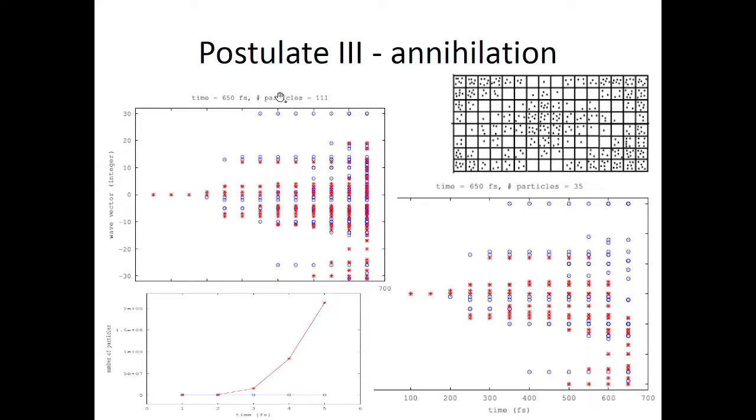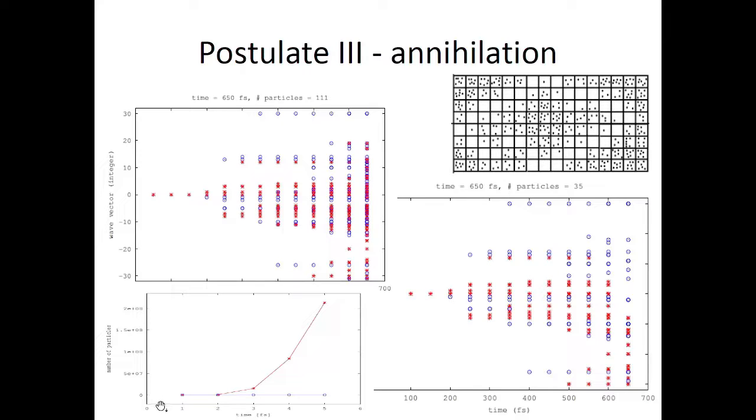This plot here was created by not using postulate number 3. This plot that I am showing here now on the bottom right of the slide is actually the same numerical experiment, but with the application of the annihilation scheme. And what you see here is that if you apply this scheme regularly, you will eventually end up with this situation here where it is very clear that the number of signed particles at the end of the simulation is way smaller than the one that we had at the end of the simulation without applying annihilation.